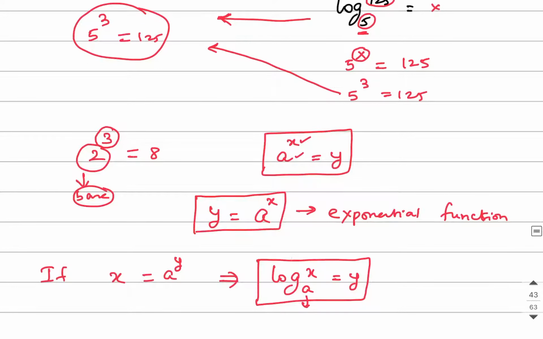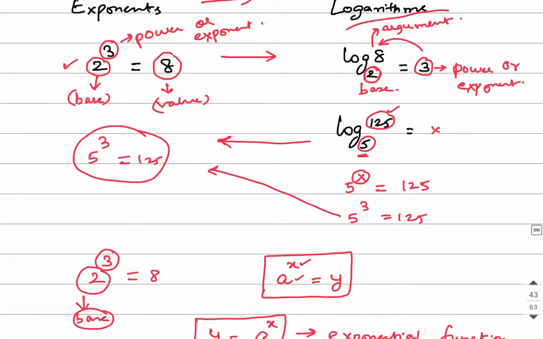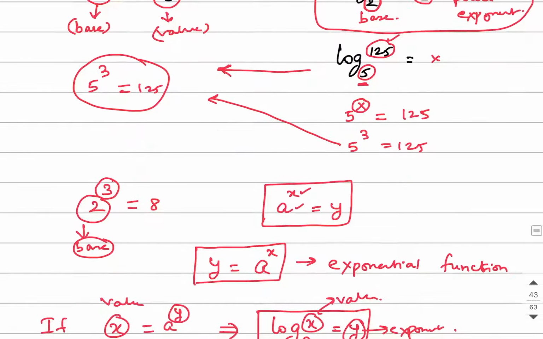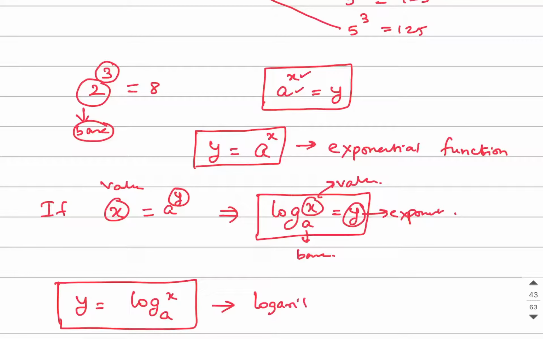Here a means the base, x is the value and y is the exponent, as we have discussed already. So from this, if x is given as a power y, then log of x base a is y. So y is equal to log x base a is the basic definition of a logarithmic function in mathematics.